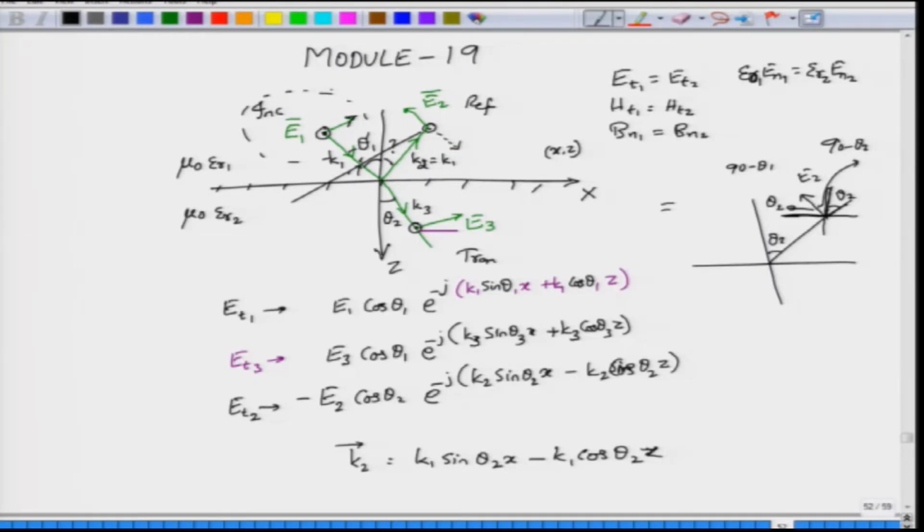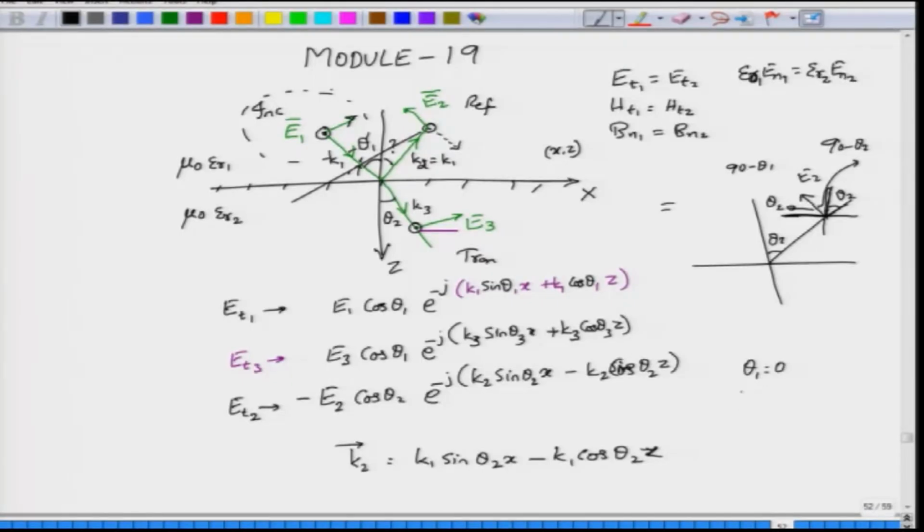It took us a little bit of effort to find the correct amplitudes and other things, because we are now dealing with oblique incidence. Normal incidence would be very simple. For normal incidence, theta 1 will be equal to 0, which assumes theta 3 is also 0 and theta 2 is also 0. We will see why shortly.